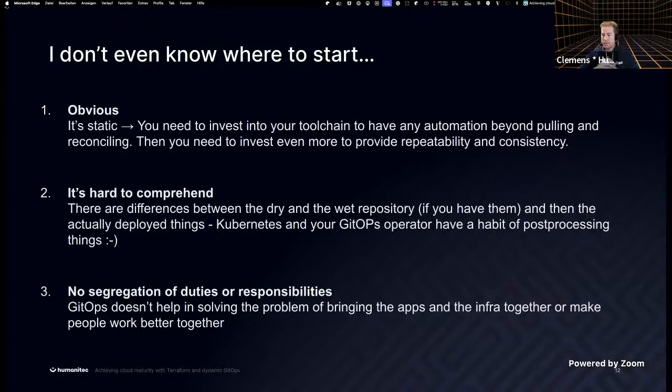And the third is, and this one is not so obvious possibly, there is no segregation of duties or responsibilities in GitOps. This is not what GitOps is about. GitOps is about starting a process on a code base, defining a way how to get that code base into a system and turn it into actually something that is a reality. That is what GitOps is about. It is not about who is actually working as participant in that process.